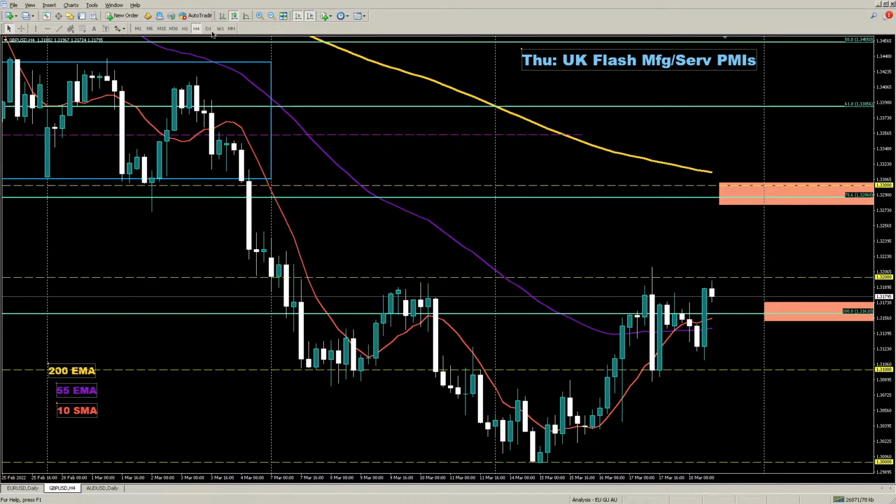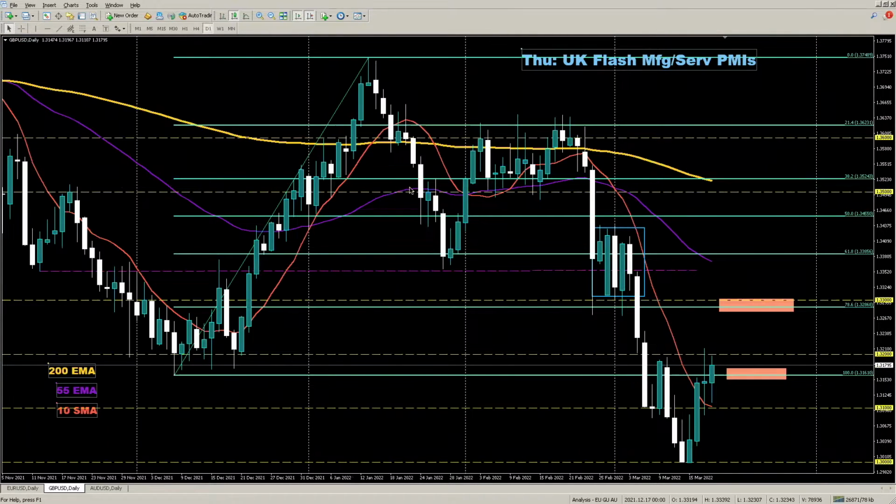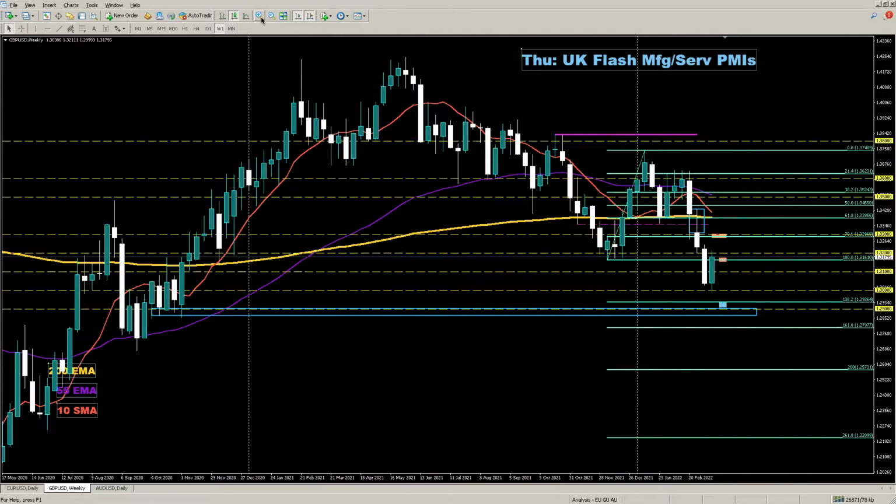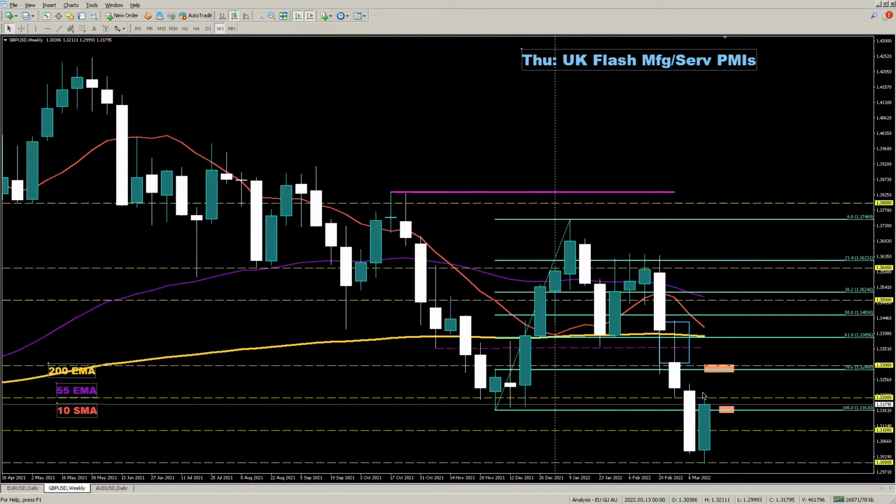All right, go back to the daily time frame. And let's take a quick look on the weekly, and it did close bullish for the week and climb back up above this swing low as a piercing line candlestick.